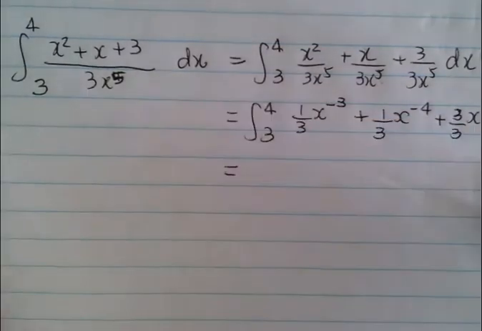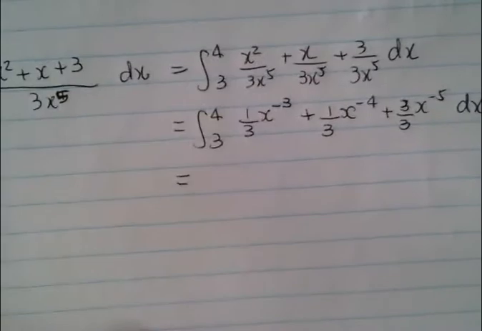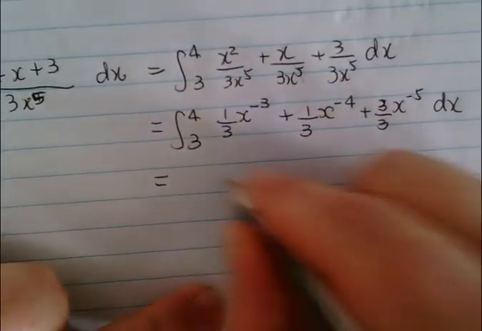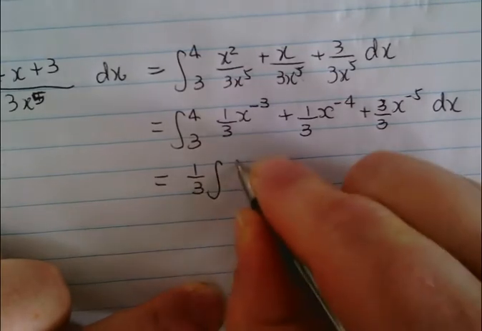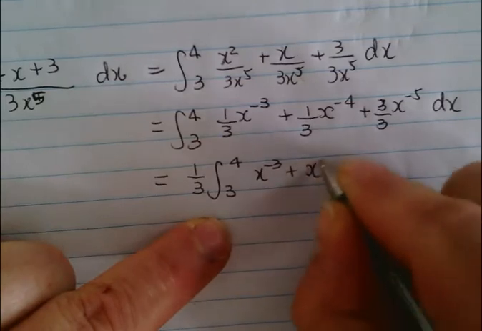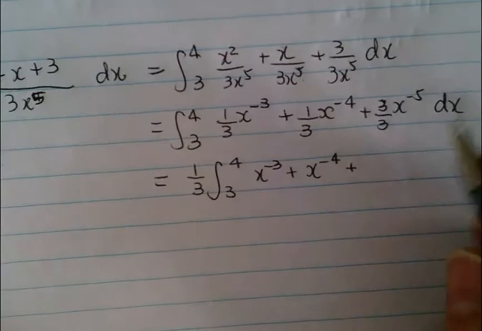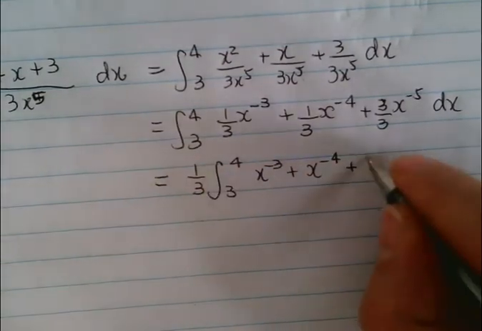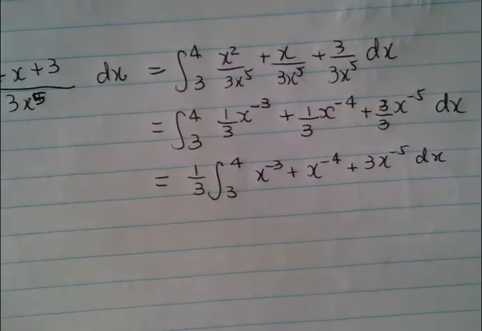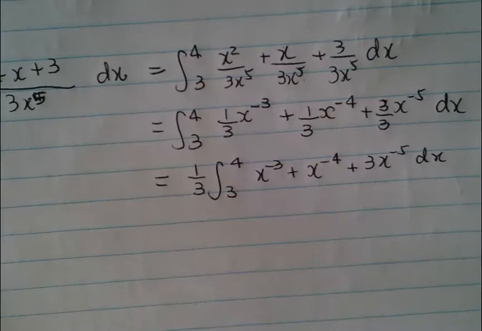Now what I want to do, I want to pull out the third because I'm telling you, it'll be easier for you when you start substituting. That's why I've just left that at the moment because I've realized I should have pulled out a third. Watch. A third times the integral x to the negative 3 plus x to the negative 4 plus, what do I write here? I took the 3 from 3x to the negative 5. Now, I'm telling you that is going to be much easier to substitute with no thirds in the substitution.